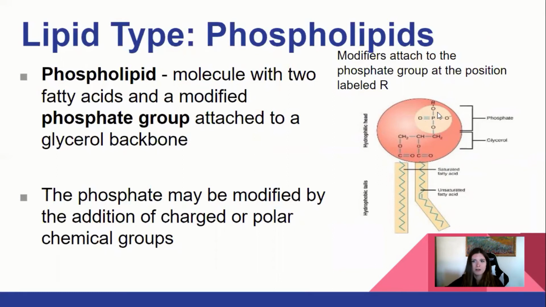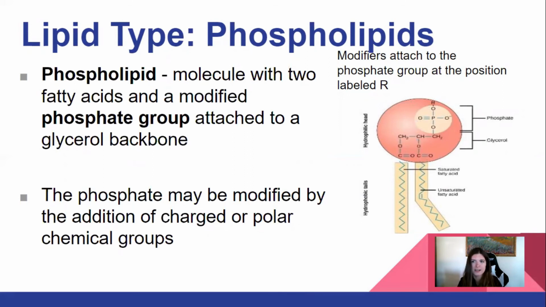Okay, now a phosphate group is actually going to be polar. So our phosphate group is going to interact with water. So we're going to call this phosphate part of the phospholipids our polar head. And the polar head we're going to call hydrophilic.